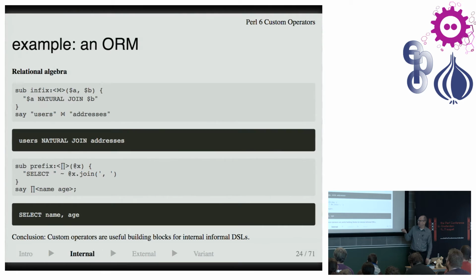You could do the same thing with the projection operator, turn it into a select. So project name and age would turn into a select statement. The conclusion of this section is that custom operators are very cool, and when you're making a subset of a language into a DSL, they are a good way to do that in Perl 6.